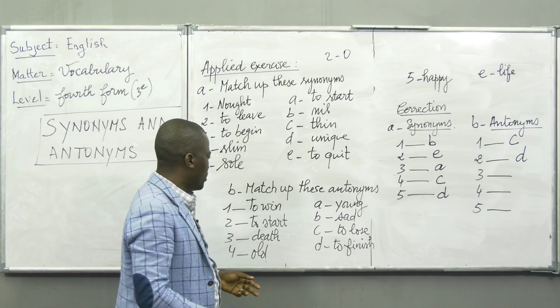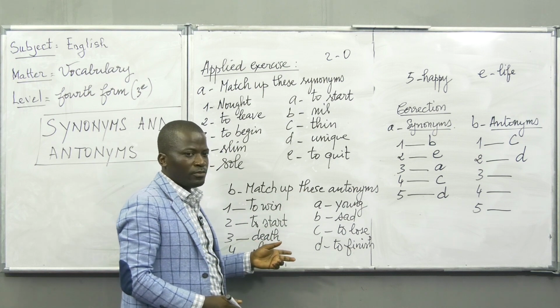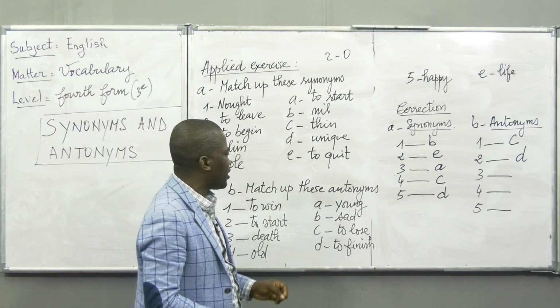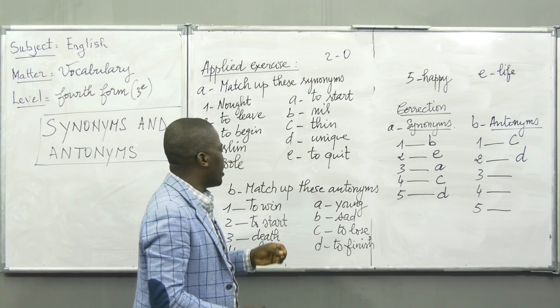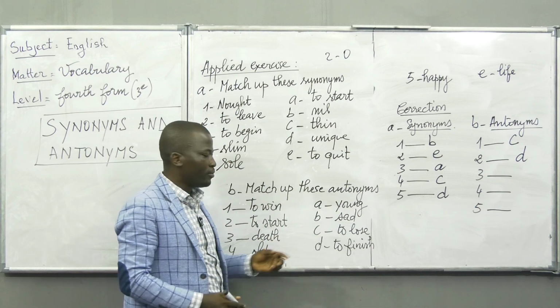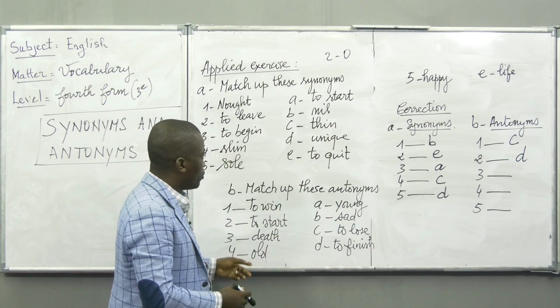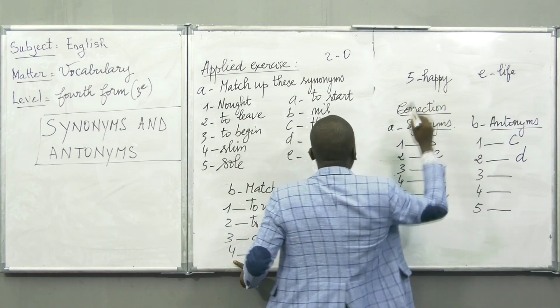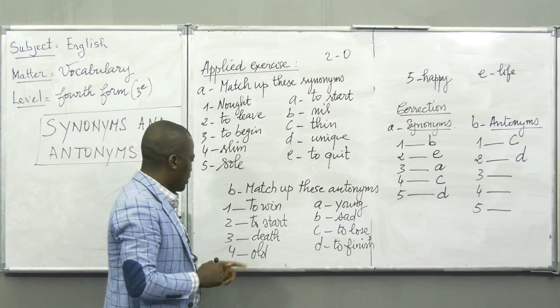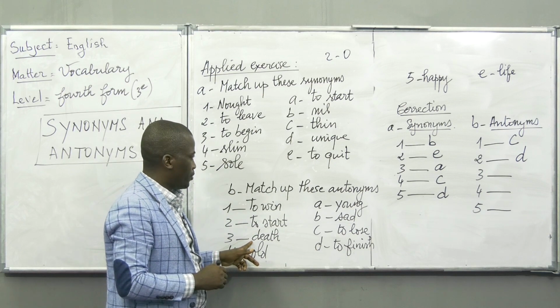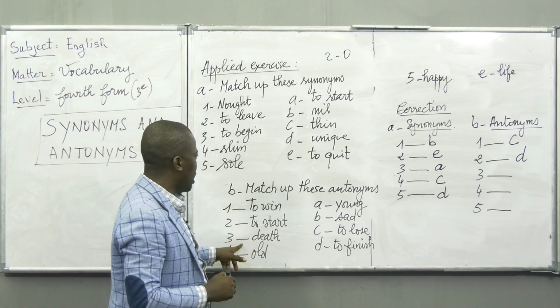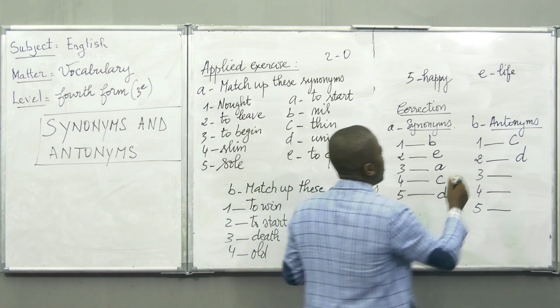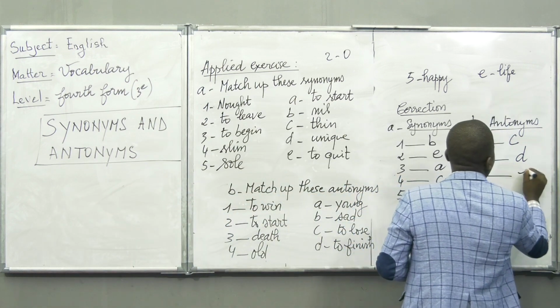Now what is the contrary? It's a noun. So you must also find another noun taken as the antonym. Okay. Now deaf. Good, class. So deaf, the antonym is life. I write E.